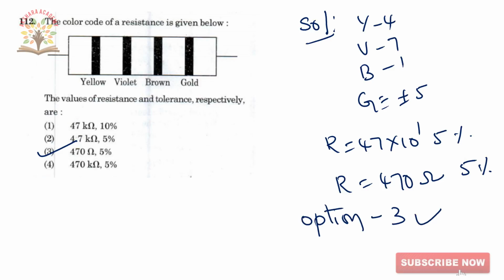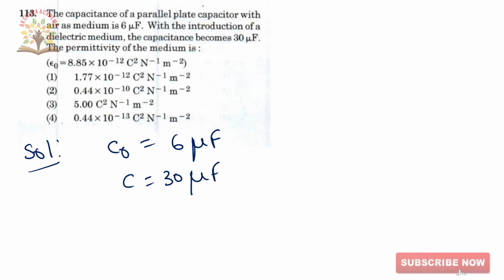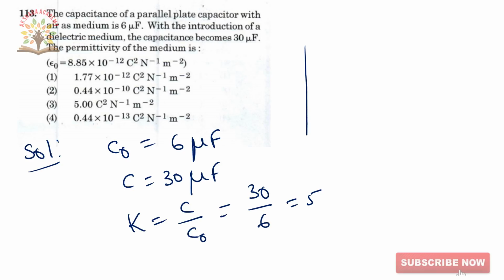Next go to 113. Question number 113. Here in this question I am writing the solution. C naught is equal to 6 microfarads and C is equal to 30 microfarads, and K is equal to C by C naught, that is equal to 30 by 6, that is equal to 5. And here we are writing epsilon by epsilon naught is equal to 5.